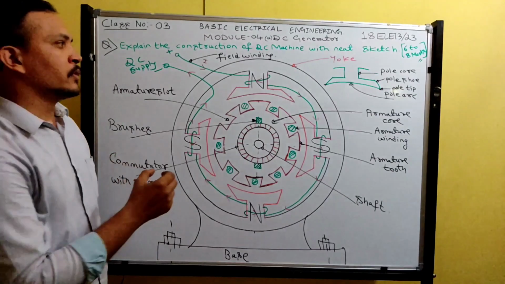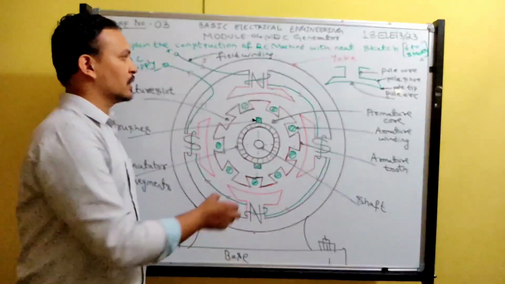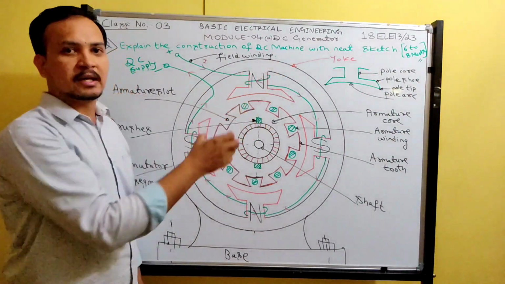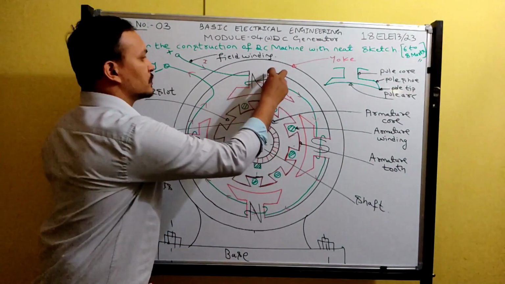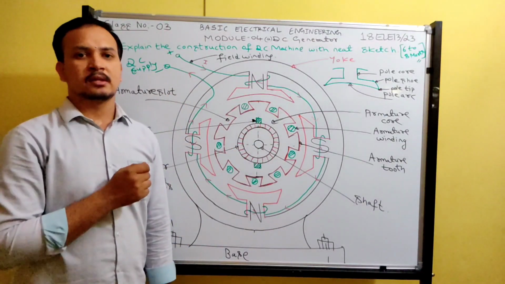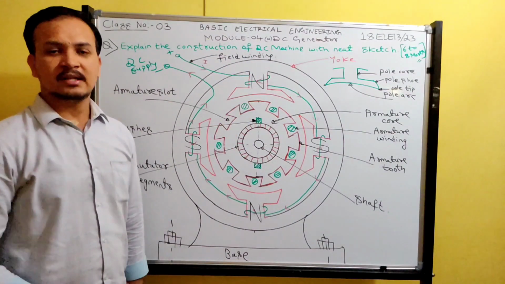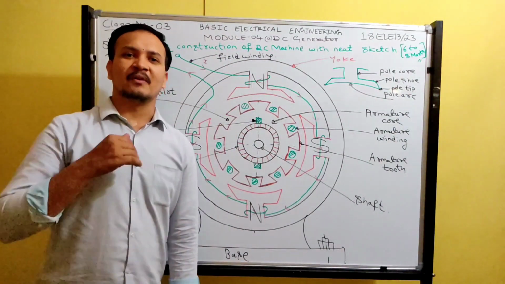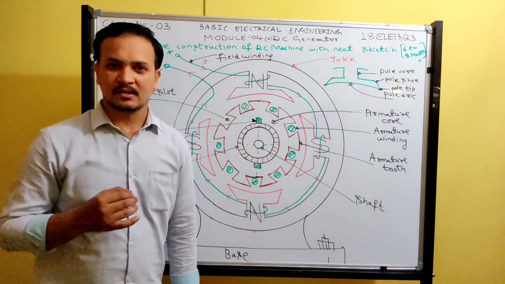For that purpose, the poles are extended vertically downwards a certain distance. If field winding is not required, you can reduce this length. In general, the major function of the pole core is to carry field windings.